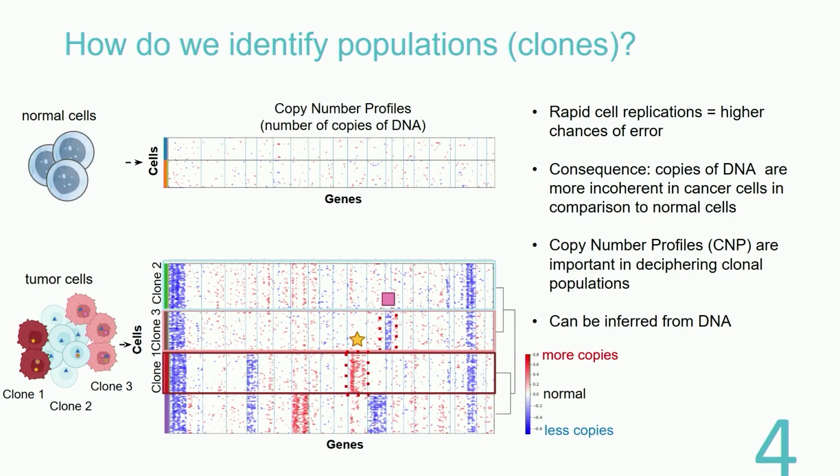And when you look at tumor cells, you generally would find regions where there are maybe amplifications or deletions of specific genes or regions of the DNA. And that's how we characterize or cluster these cells into common groups. So for example, we have clone 1, or subpopulation 1, where we can see a large amplification of copies of the specific set of genes right here.